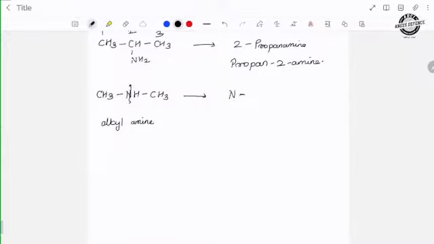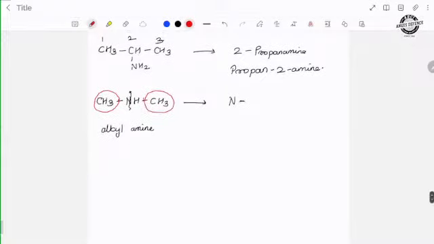Now both are symmetric in nature, both are methyl, so you consider one as the parent chain and the other as the substituent. I'll consider this CH3 as the substituent and this CH3 as my parent chain, or vice versa. Both are CH3, so no need to get confused.